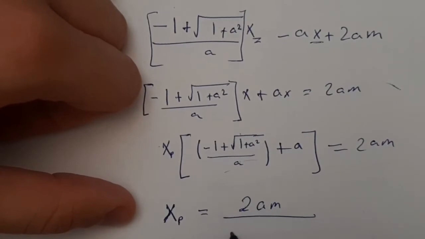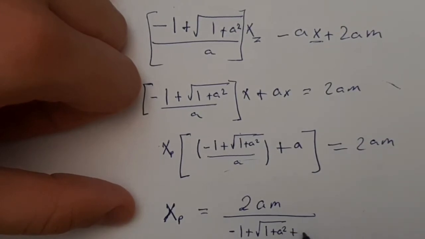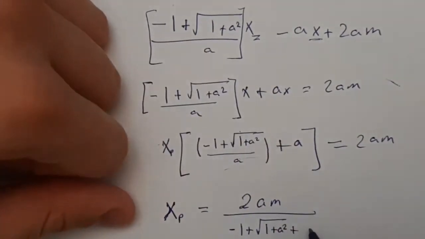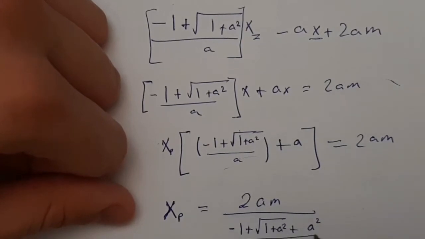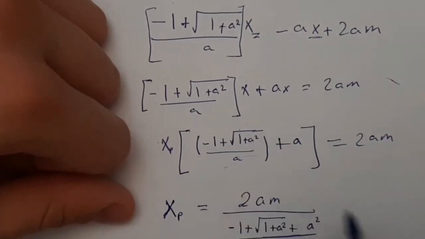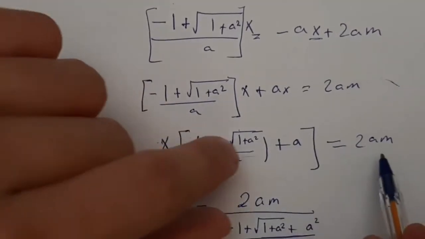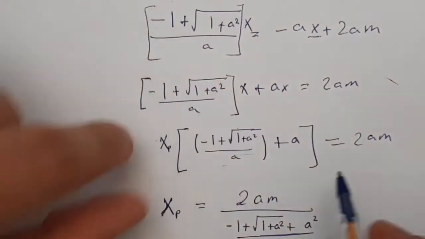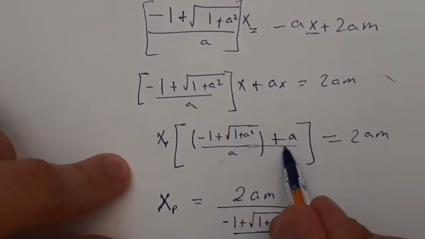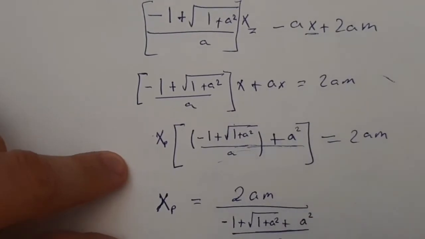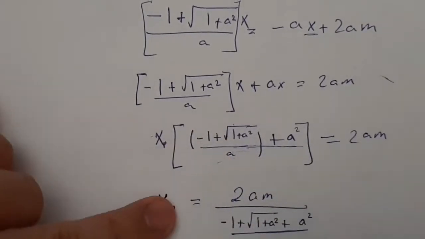So I'm going to say minus 1 plus square root of 1 plus a squared plus, now in place of a, I'm going to say a squared divided by a, so I can put them all in the same base. I just took this dividing over here and joined them in the same base. Okay, this is the same thing.